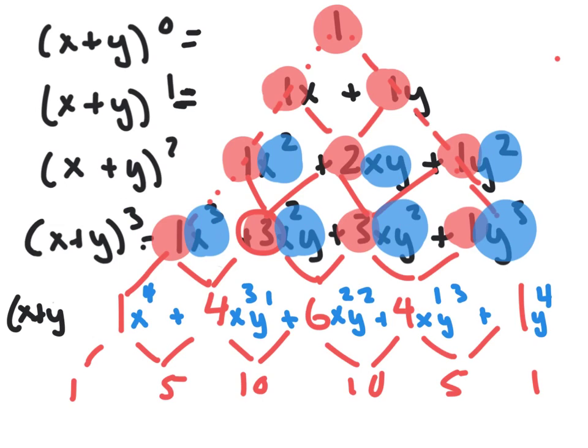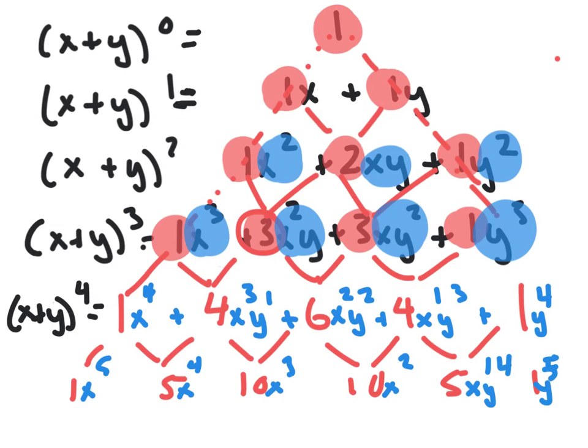x plus y to the fourth would become this. If I wanted to do the fifth power, it would be x to the fifth, and then to the fourth, and then to the third, and then to the second, and then to the one, and then none. Then I'd go the other way, y to the fifth, y to the fourth, y to the third, y squared, and y.